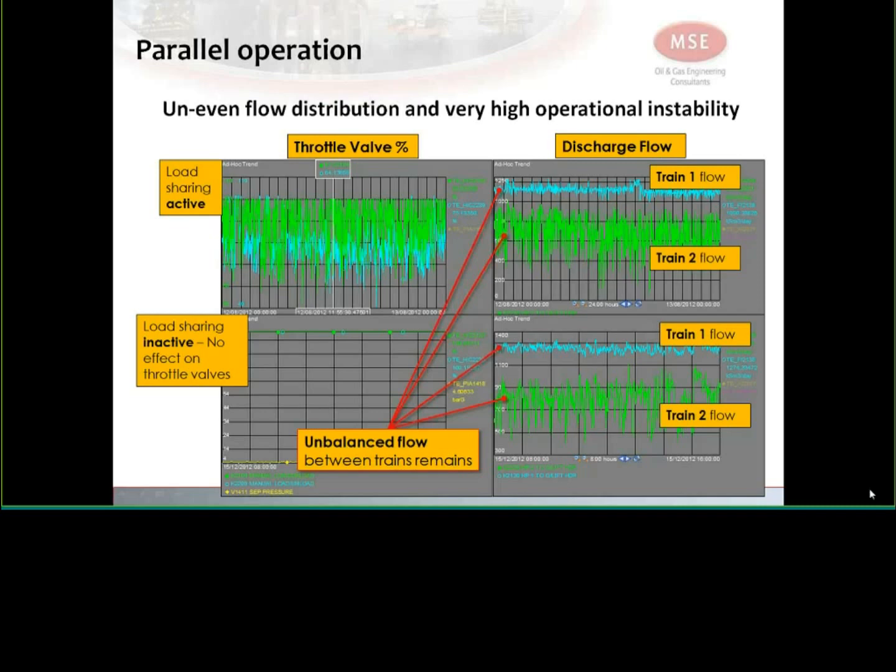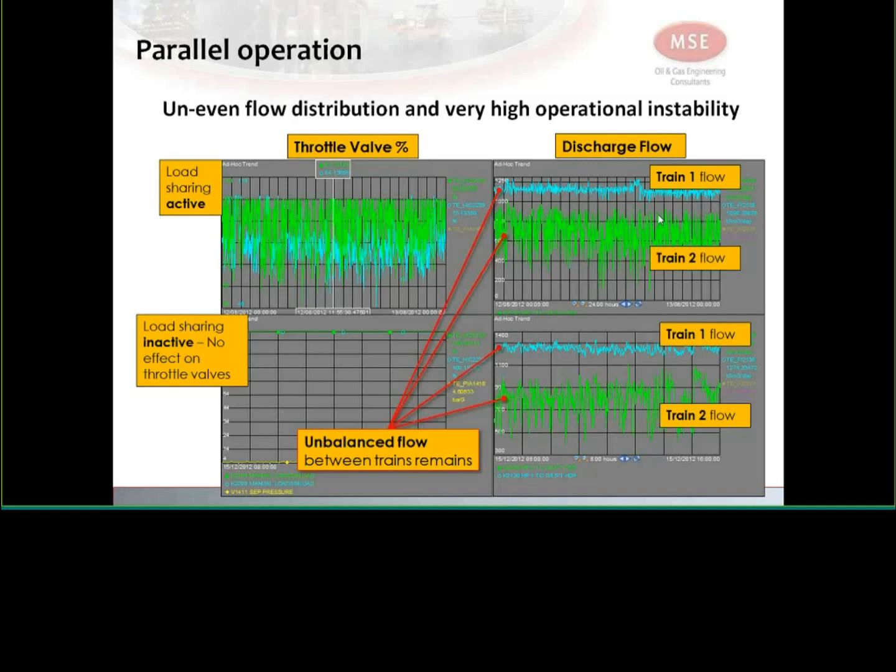The left-hand side graph shows the signals from the throttle valve, and the right-hand side shows the discharge flow from both trains. As Marco explained earlier, they have a dissimilar flow going through each train, even though they have load sharing active. So this is one of the issues that we have to figure out.